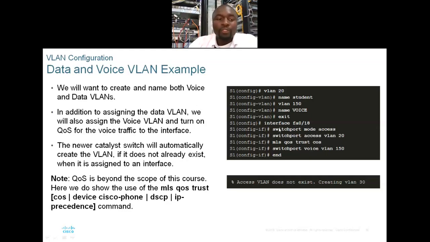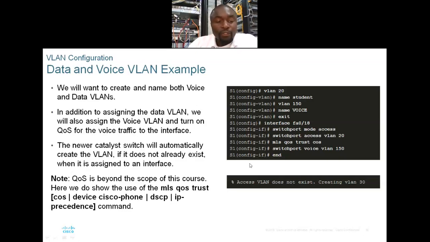So in addition to assigning the data VLAN, we can also assign the voice VLAN and turn on quality of service for the voice traffic to the interface. The newer Catalyst switch will automatically create the VLAN if it does not already exist when it is assigned to the interface.